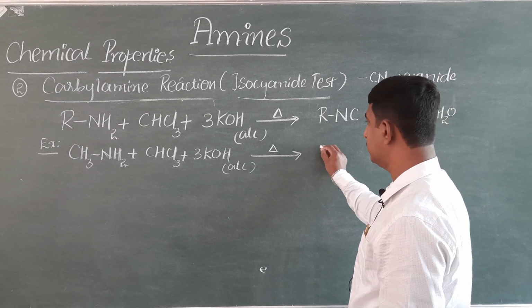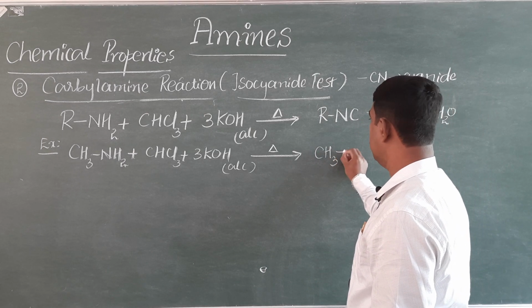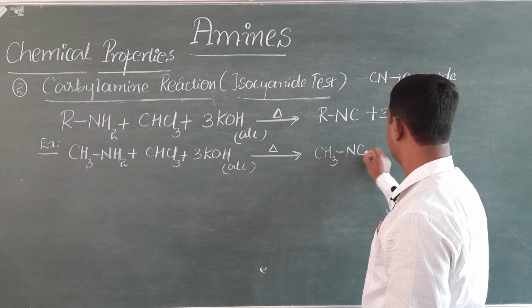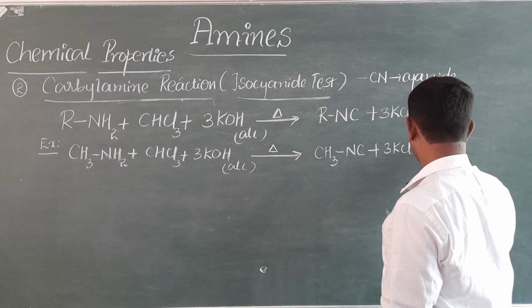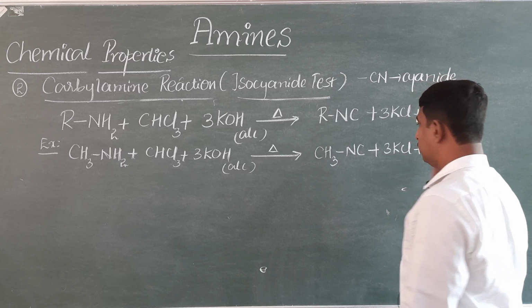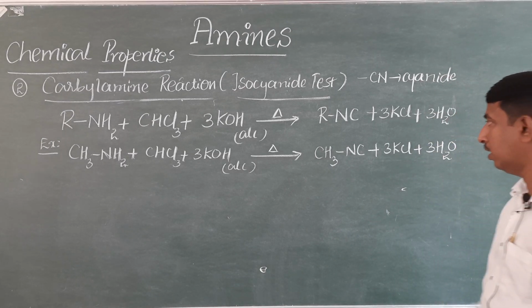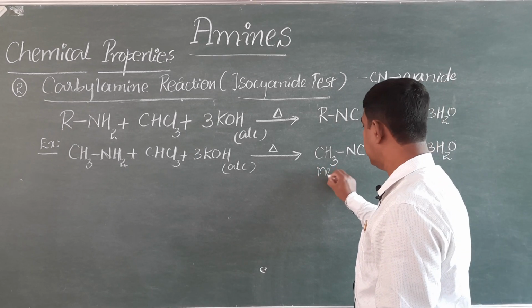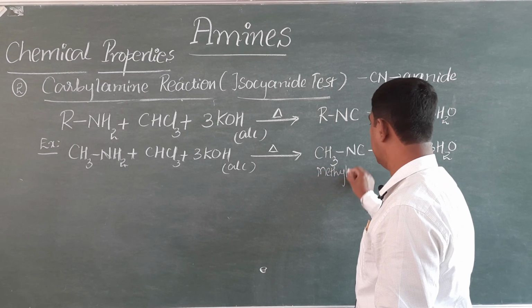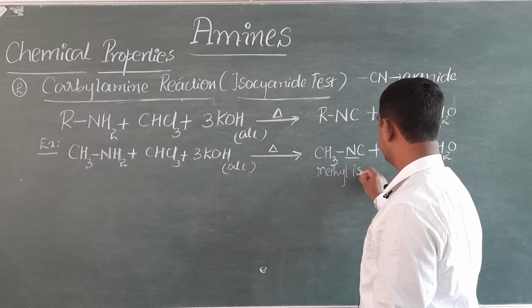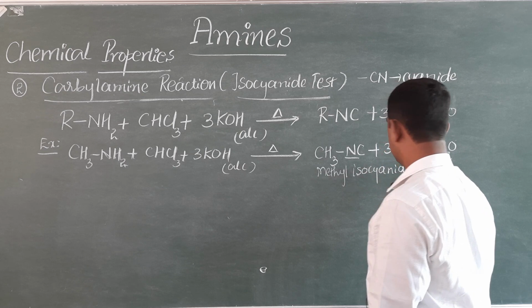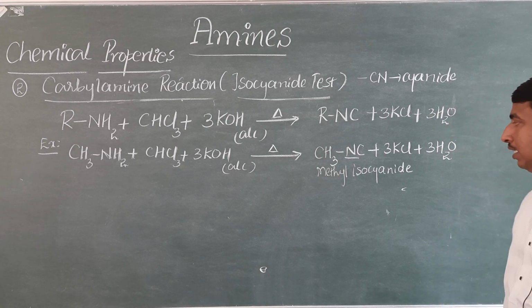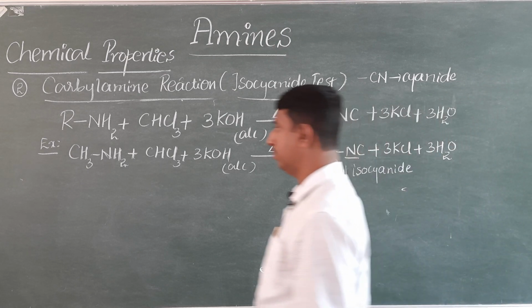Product obtained is CH3NC, 3KCl plus 3H2O. CH3 means methyl, NC isocyanide. So the name of this compound is methyl isocyanide.